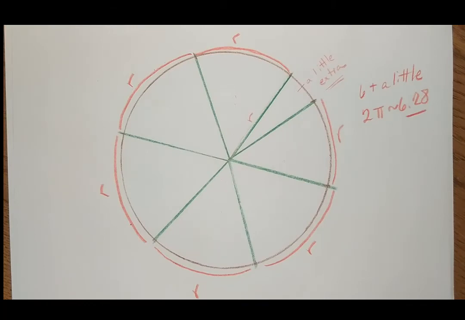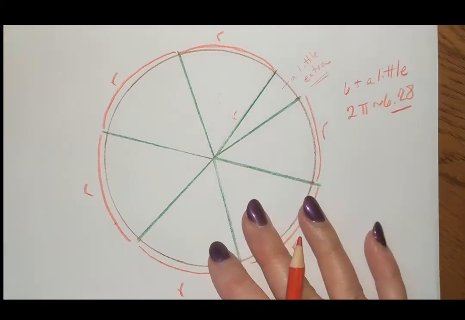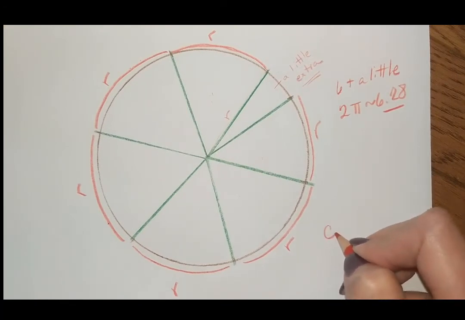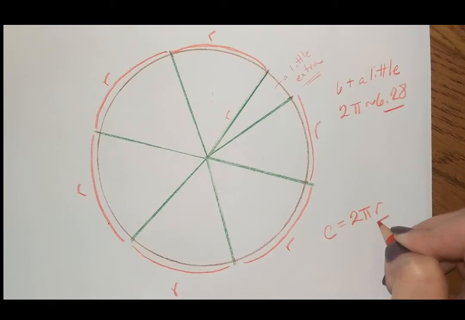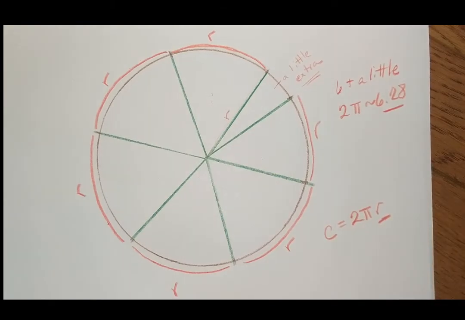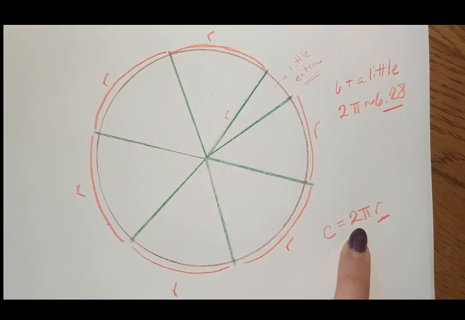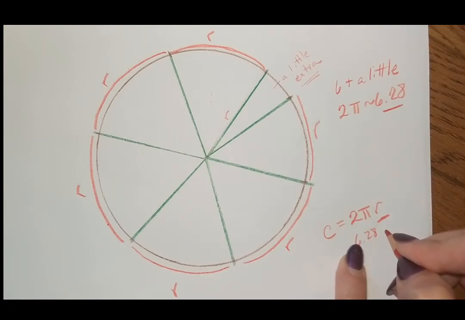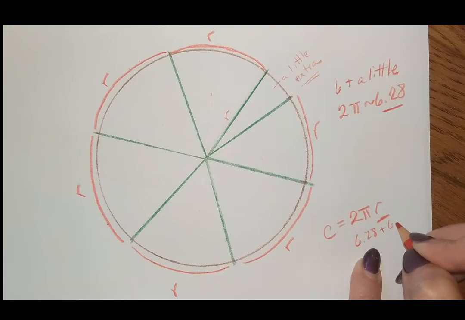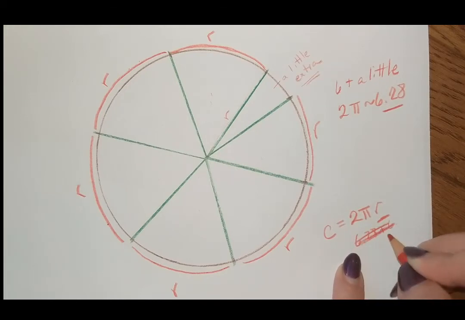So the formula for circumference, this 2 pi r, is just that I'm using a radius ruler, and there were 6.28 of these when I went around. It's just a counting problem. 1, 2, 3, 4, 5, 6, and a little bit. In general, we'll talk about that in a second. So this is the circumference formula, right?